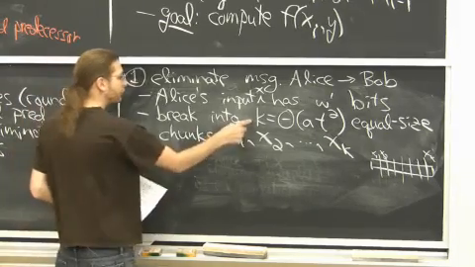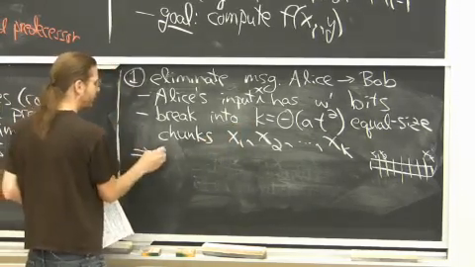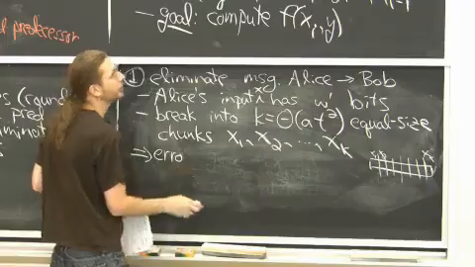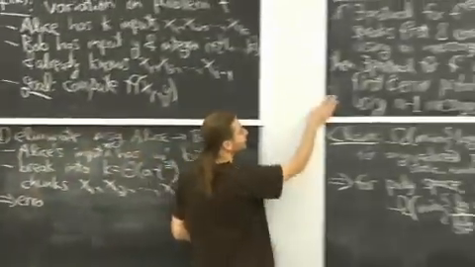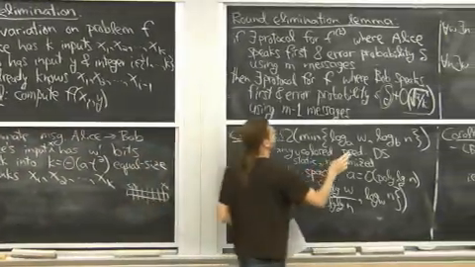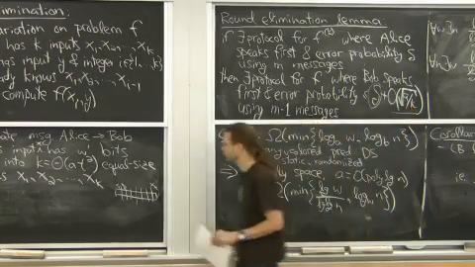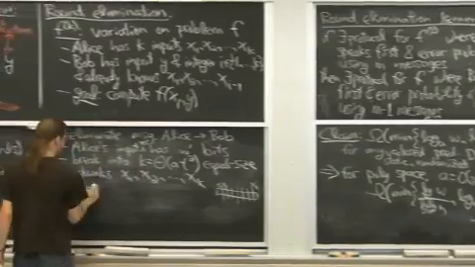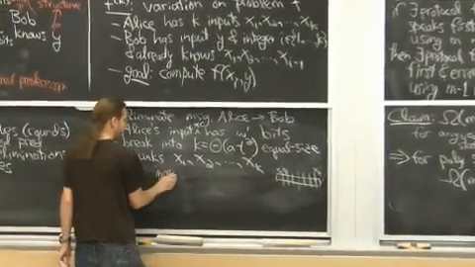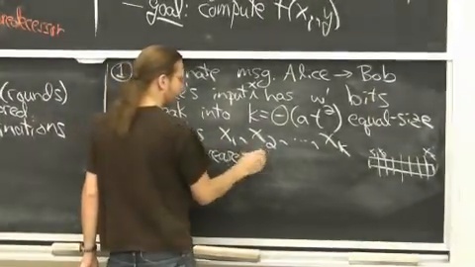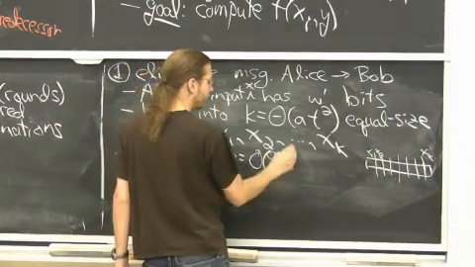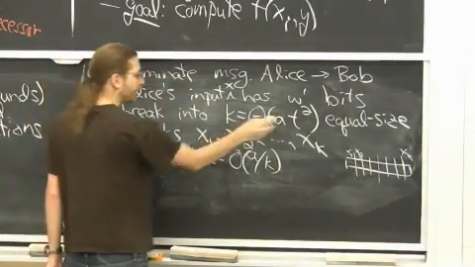So why is this a good choice of k? Because if we look at the error increase we get from here, the error increase, which is order a over k, where k is now this.